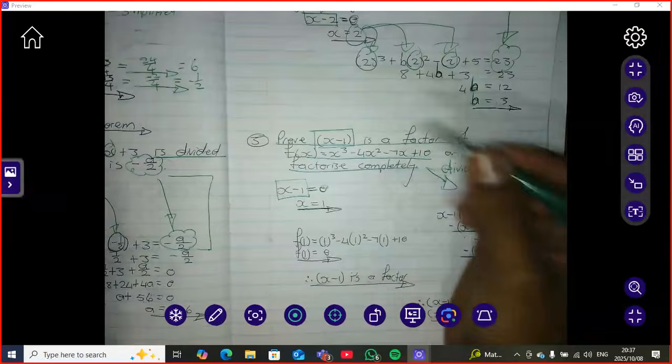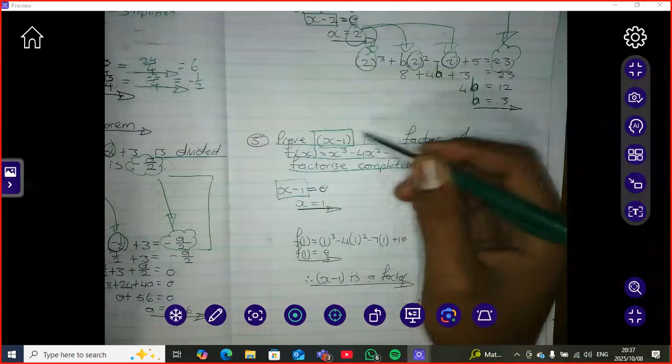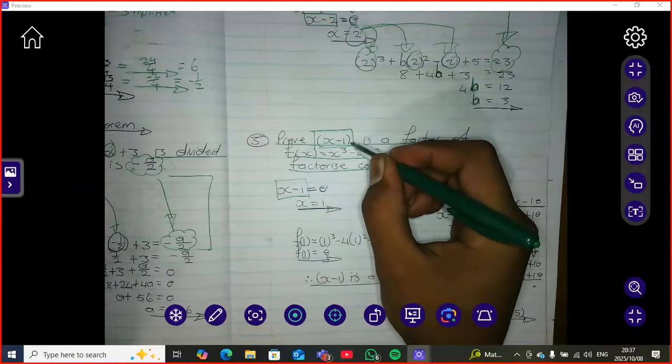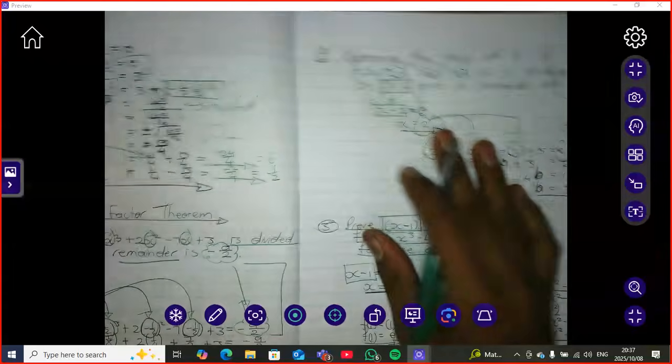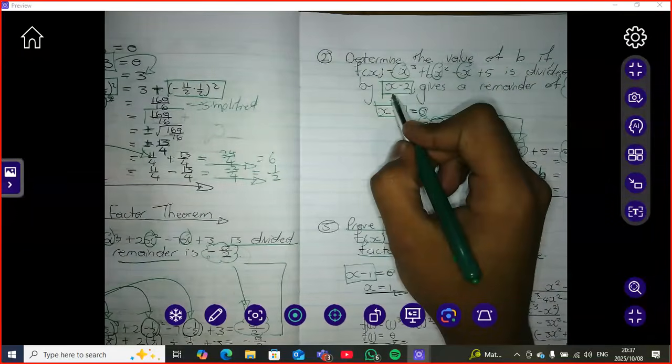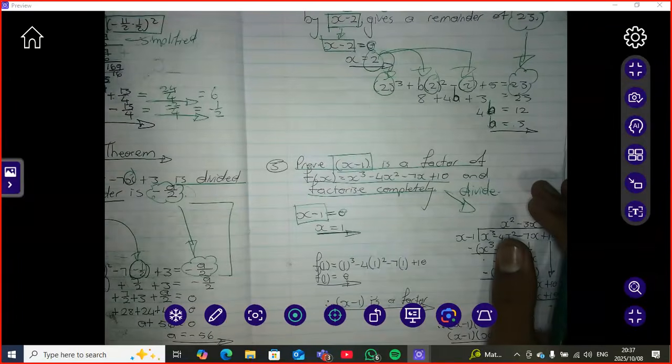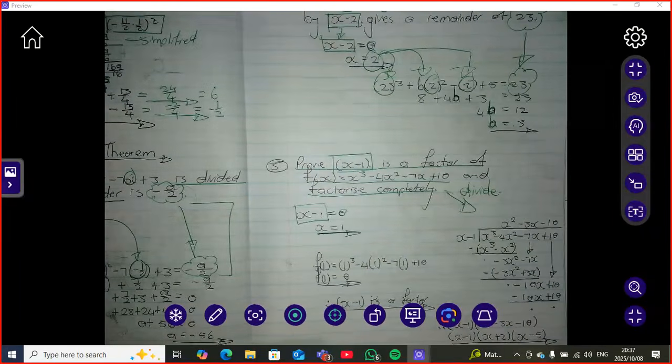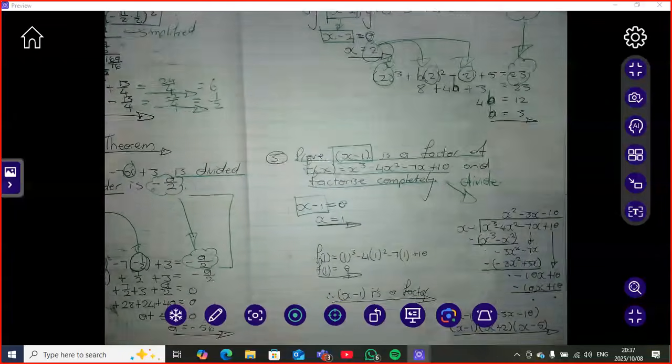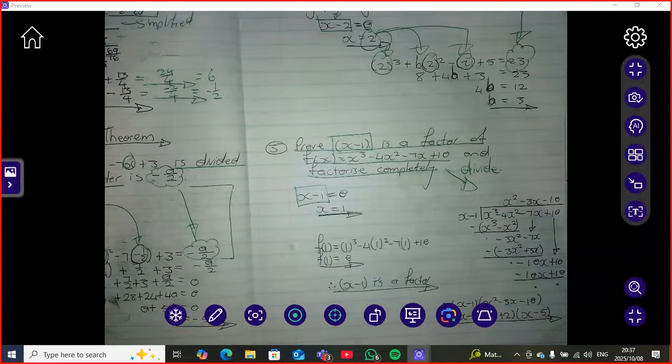So I must take this factor because that is my factor. This is also my factor. That's also a factor. You will see now that you actually divide by your factor. But anyways, we're gonna get there.